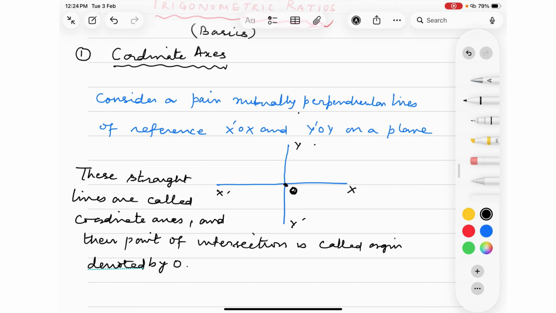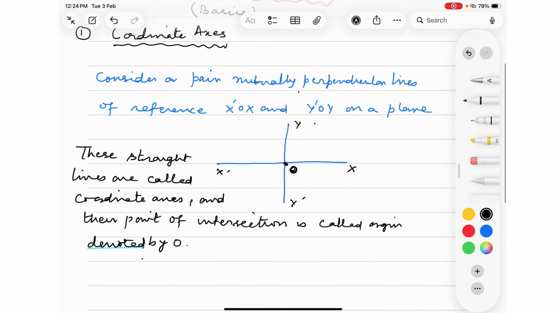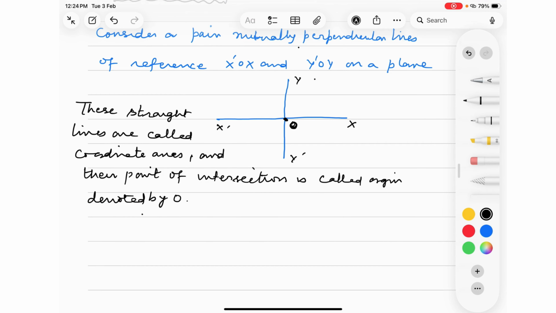Now the importance of this point is, remember, these coordinate axis divide the whole plane into 4 equal parts. And those 4 equal parts are called quadrants.